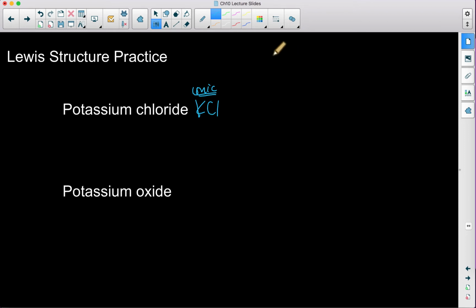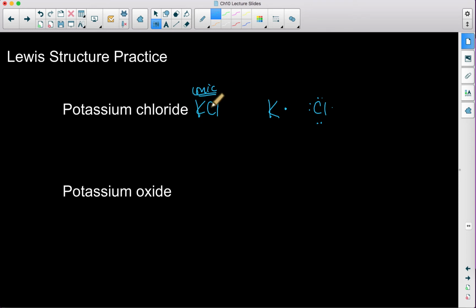So, let's go look at our Lewis structures. Potassium has how many valence electrons? Chlorine has how many valence electrons? If I think about how this works, these two things should feed off of each other.